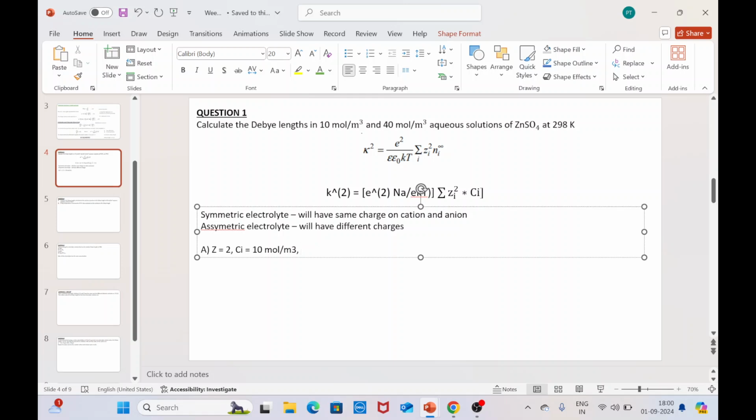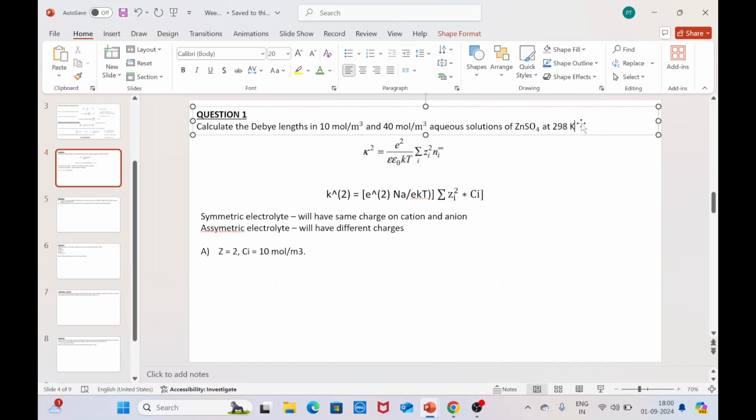And then after this, these are the two things that are going to change for your problem. Whatever else you have, that e square Na by epsilon kT will be the same.